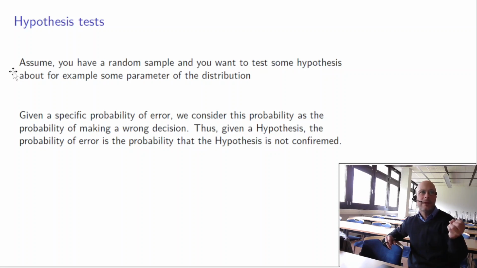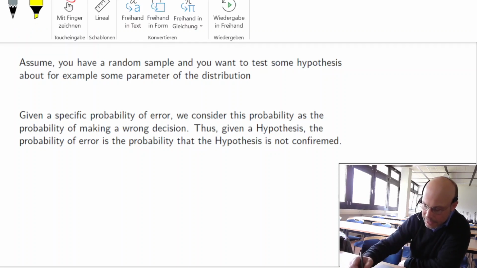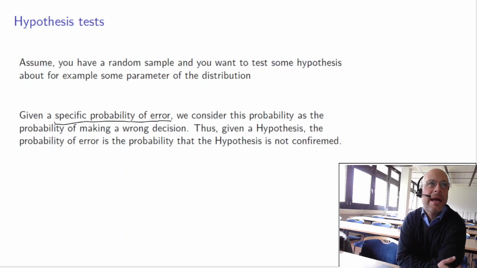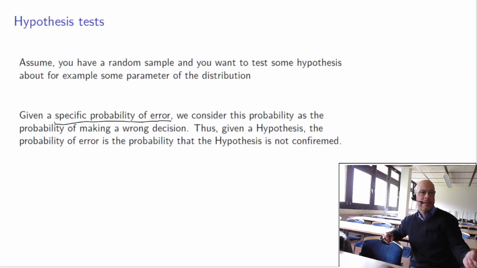And since we are doing statistics, of course, we have at the beginning to say to what specific probability error we are considering that we are making some wrong decisions. Then, of course, still we do not know the parent distribution.